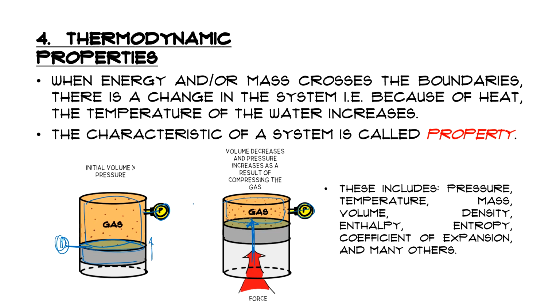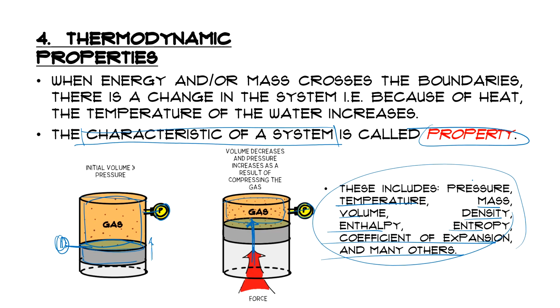So at any point there is this characteristic of the system, and that characteristic is what we call the thermodynamic properties. There's a lot of thermodynamic properties: temperature, mass, volume, density, enthalpy, entropy, and many others. We will discuss that next time. But the point here is that whenever there's a crossing of energies at the boundaries, there is a change in the system.